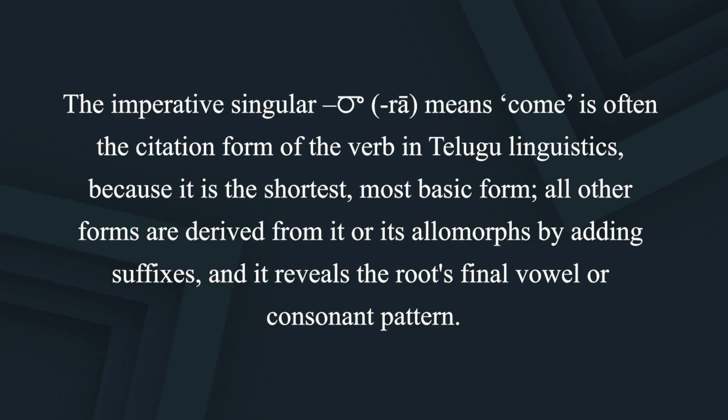All other forms are derived from it or its allomorphs by adding suffixes, and it reveals the root's final vowel or consonant pattern. A comprehensive and insightful overview of how the verb stem ra, meaning to come, functions as the foundation for a vast array of grammatical forms in Telugu.